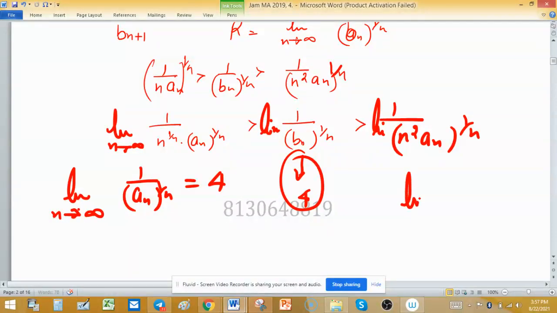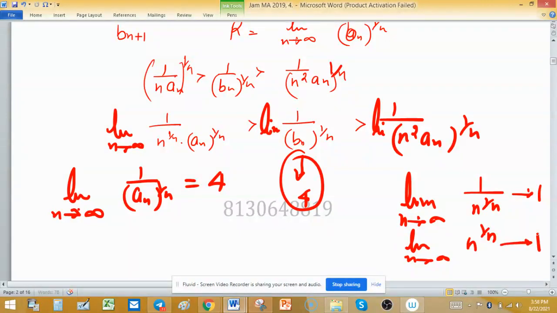So this is a point to remember: limit n tends to infinity of n raised to the power 1 upon n is 1. Or you can say limit n tends to infinity of 1 upon n raised to the power 1 upon n is also 1. So apply this here.